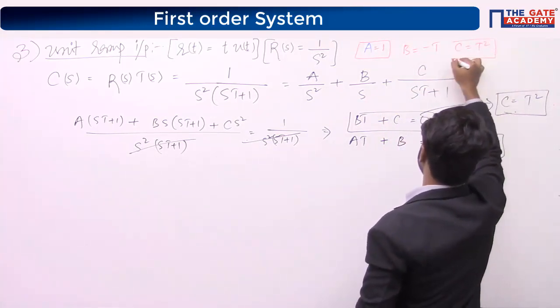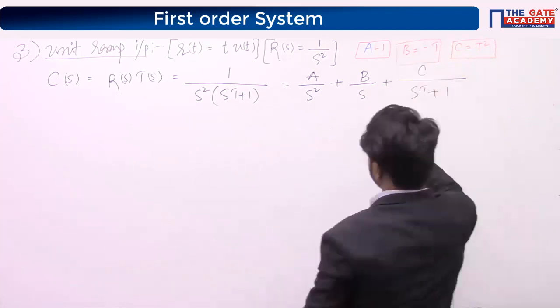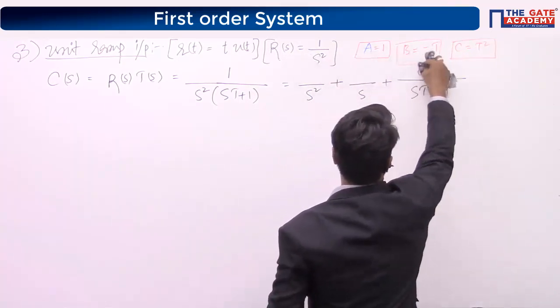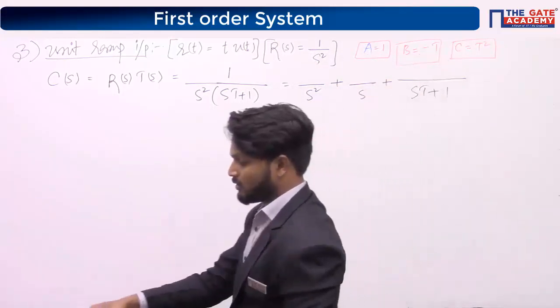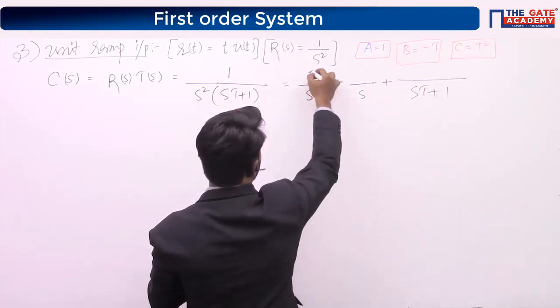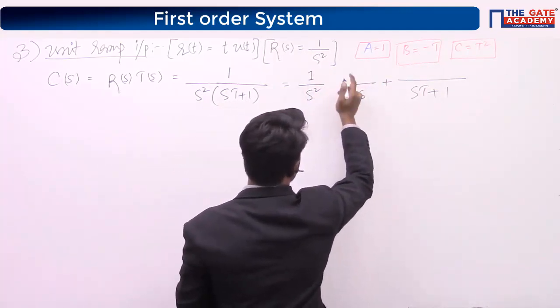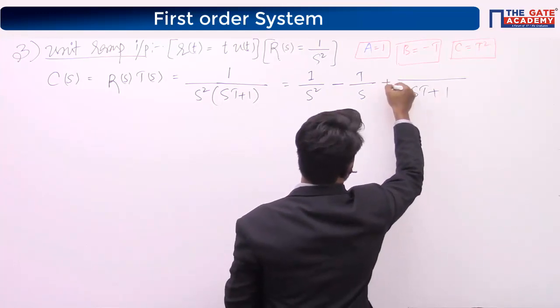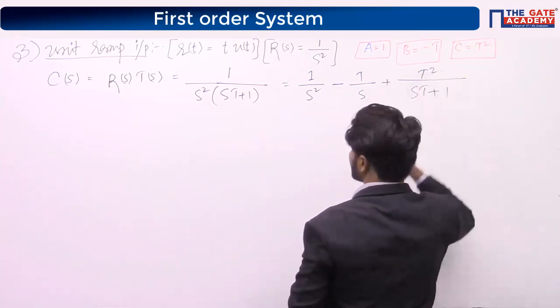These are the values. Everybody got the same values or not? So it is a by s square plus b by s plus c by st plus 1. Therefore, in the place of a you will put 1, in the place of b you will put minus t, in the place of c you will put plus t square, right?